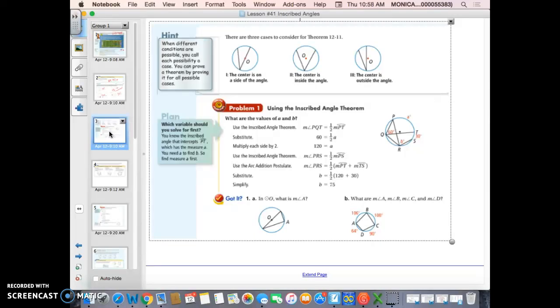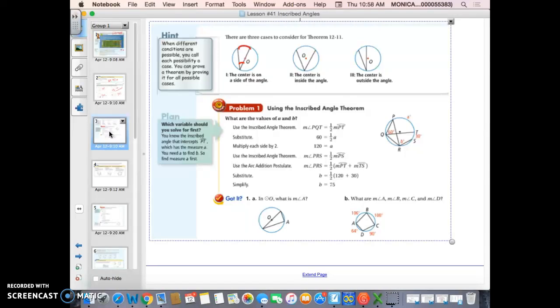Here are three cases where you know that this angle is going to be equivalent to half the arc length. The center could be on one side, the center's outside, or the center is inside of the arc length.